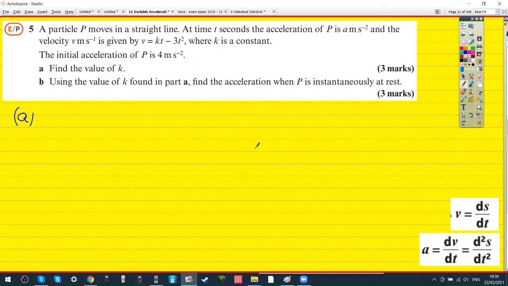If I do, do I need to differentiate it once? Correct. And so that will be just k minus 6t. Well done.